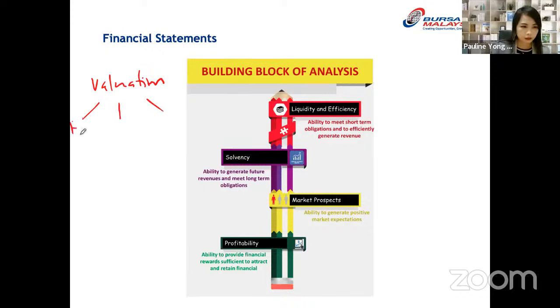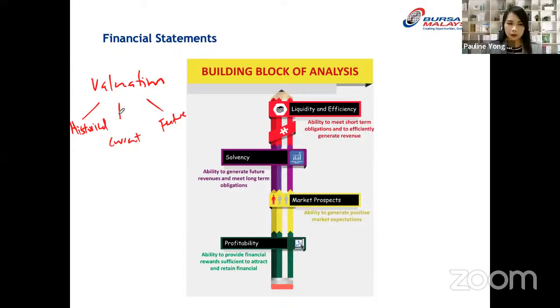You are looking at the historical, the current, and the future. So there are three perspectives of looking at the valuation of the company, which is the stock that you are looking at. We look from the historical perspective, the current perspective, and also the future perspective.